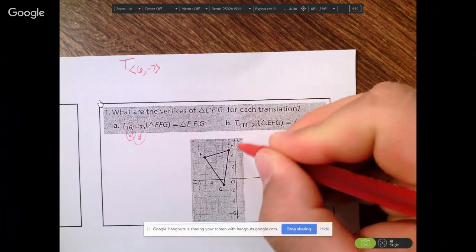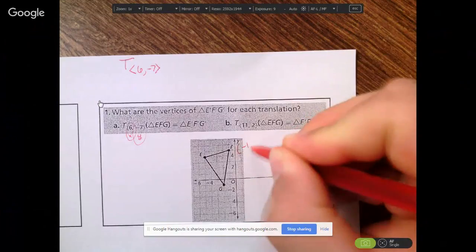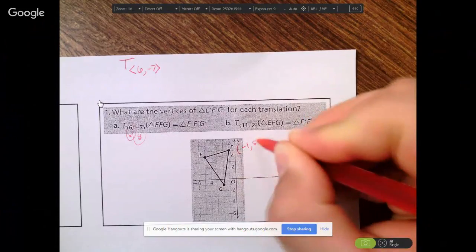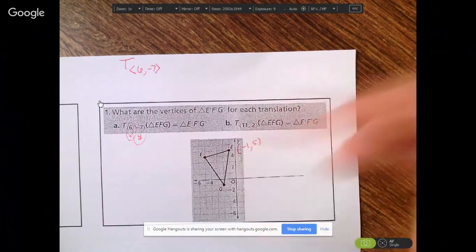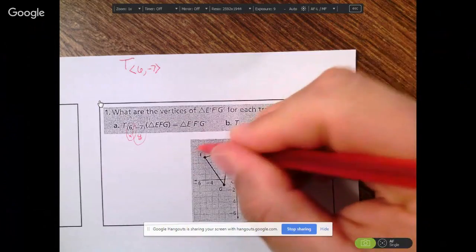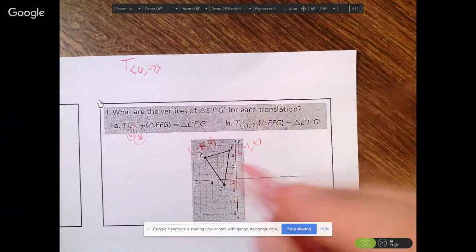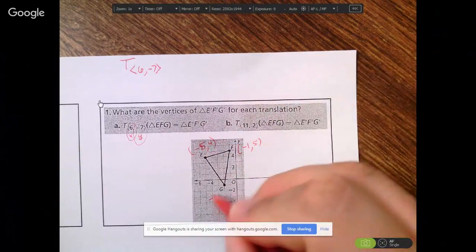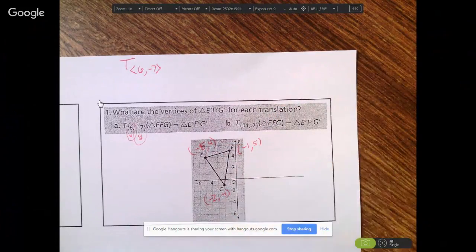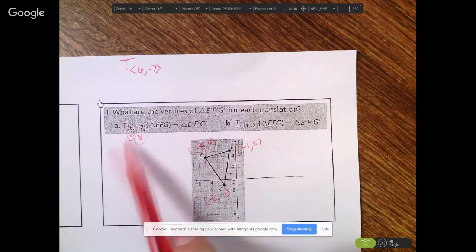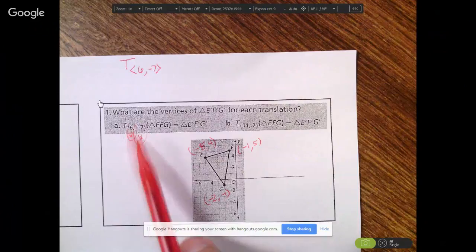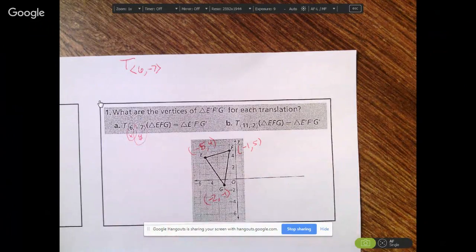So F here is -1, 5. This is E is -5, 4. Thank you. And then G is -2, -1. Okay. So basically, we're going to rewrite this shape with adding 6 or subtracting 7. Thank you.